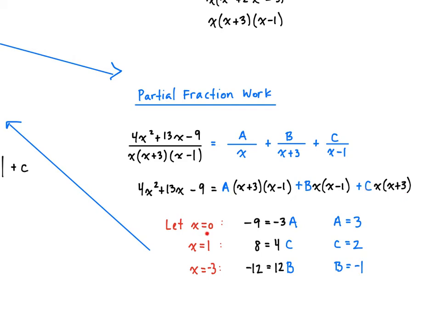If we let x equal 0, that's going to take away B and C, because 0 times B times this goes to 0, and same goes here.